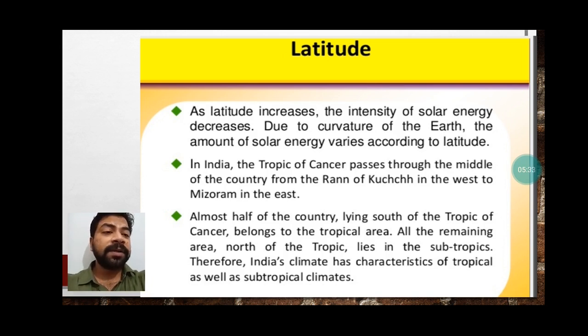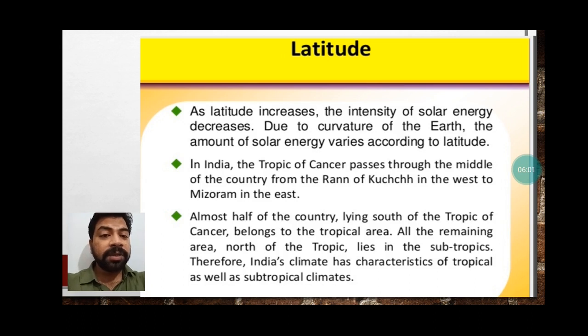Almost half of the country lying south of the Tropic of Cancer belongs to the tropical area. All the remaining area north of the tropic lies in the subtropic. Therefore, India's climate has characteristics of tropic as well as subtropic climates. You have seen that below the 23.5 degree, the regions nearby the equator come under the tropical region.